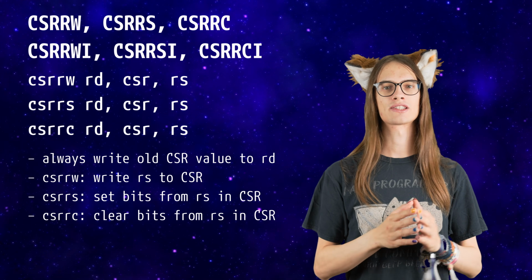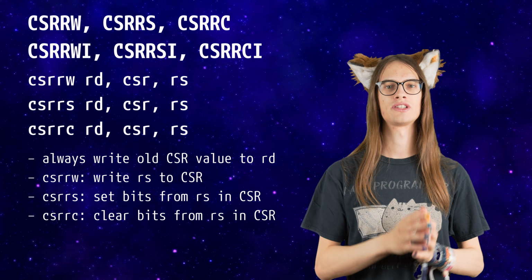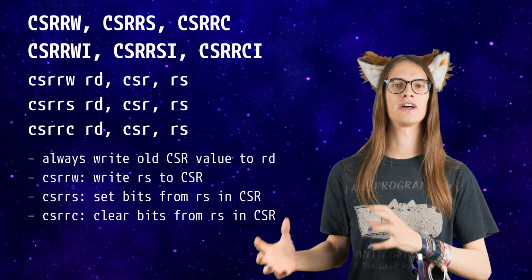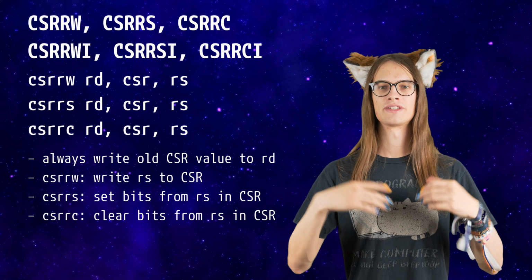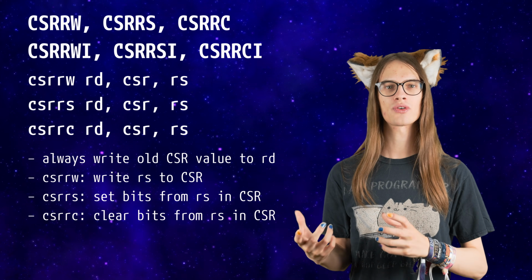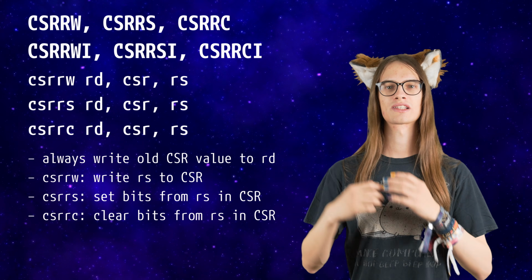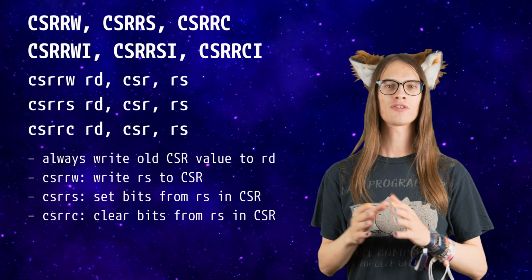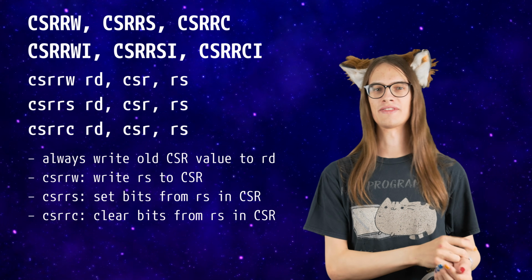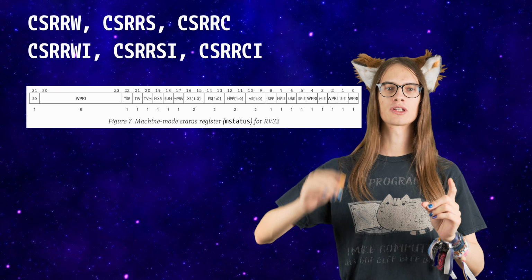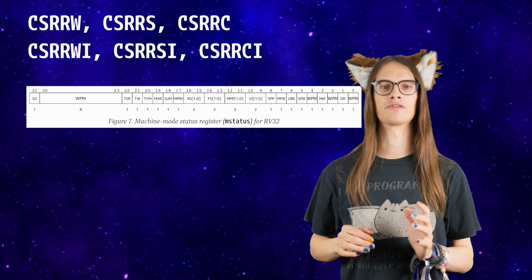The read-write instructions write the source into the CSR and read the old CSR value into the destination. The set instructions set the bit from the source, while the clear instructions clear those bits. Both of those are more useful than they sound, since many CSRs contain multiple bit flags and we usually only need to change one or a few of them.